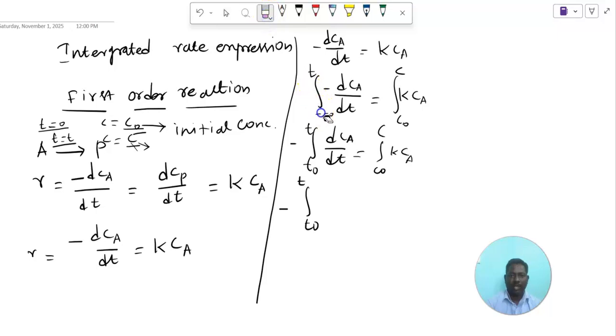That would be better for understanding. First we will separate, then we will apply the limit. dCA divided by CA, we are bringing from left hand side to right hand side, and integration of k dt we are taking this side.